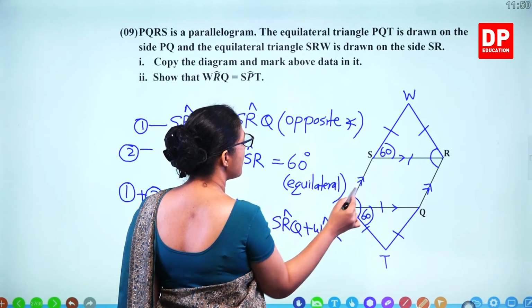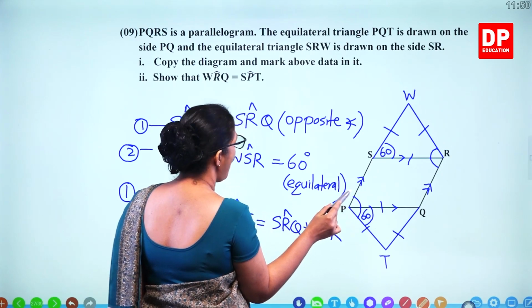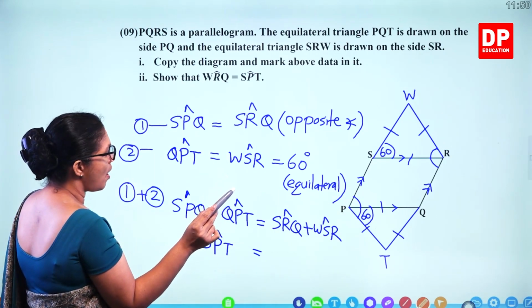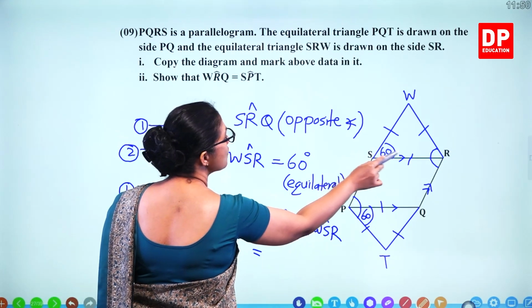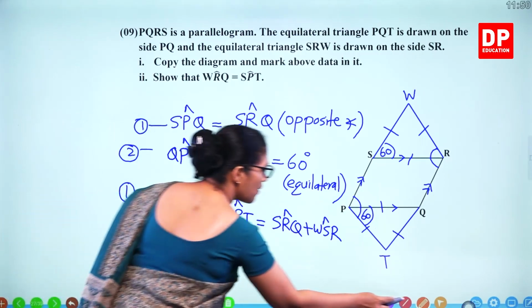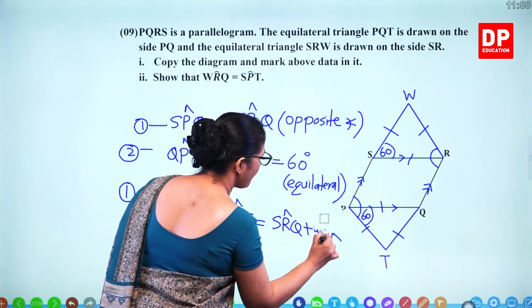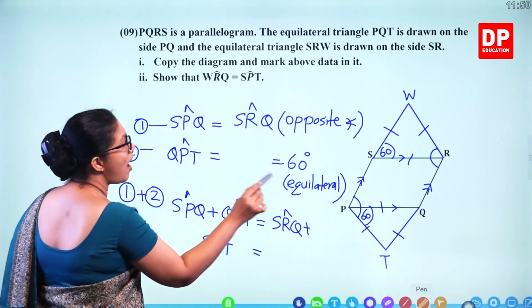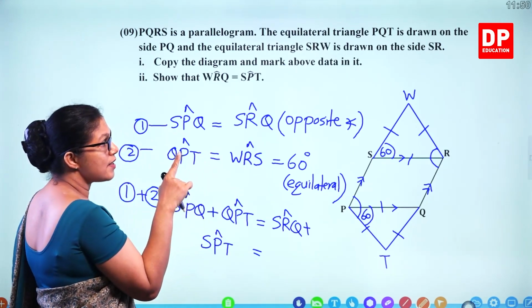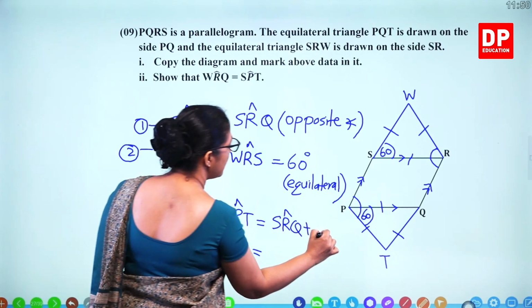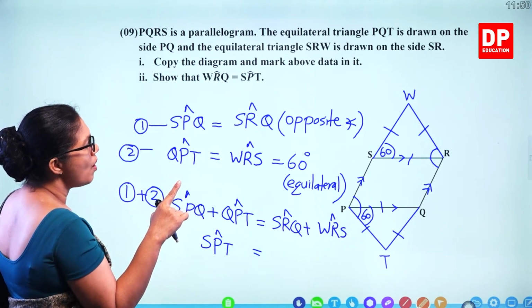SRQ and WRS, not this one. Here again, another mistake is there. WRS, all are 60 degrees. We need only the WRS angle. That's equal to WRQ.